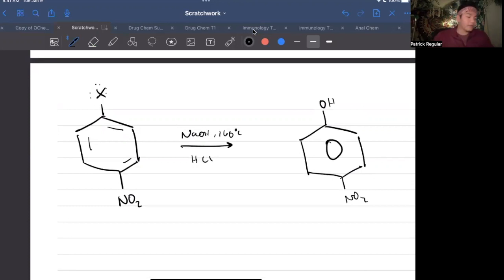And the rule that I want to lay down has to be para. So you see this X right here could be anything. This X could be a bromine, chlorine, or an iodine. It's a good leaving group, okay?